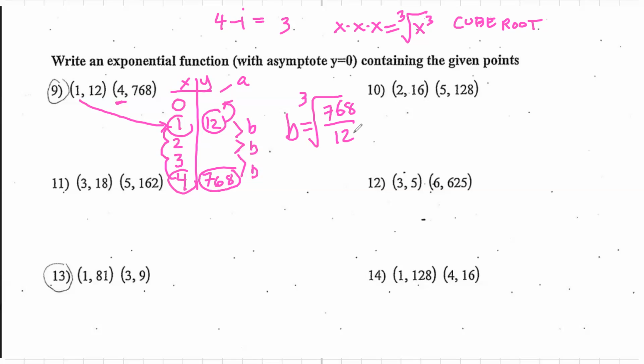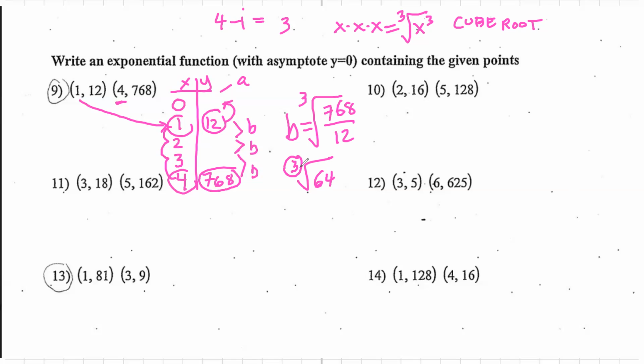768 divided by 12 is, oh nice, 64. So this divided by this is 64. But now we want to take the cube root of 64. To do that, you press 3, because your calculator is not smart, it's very dumb, so you have to tell it what root you want to take.